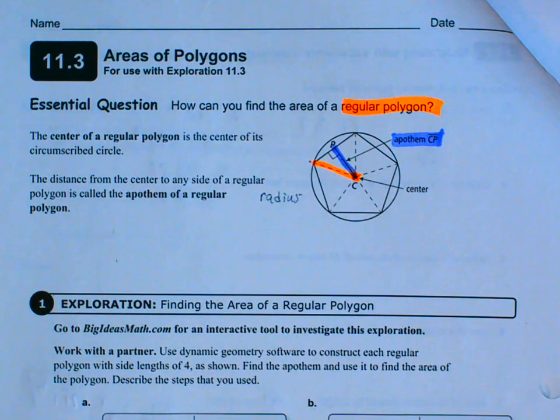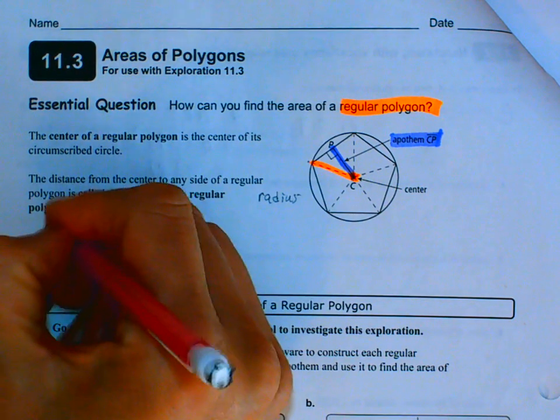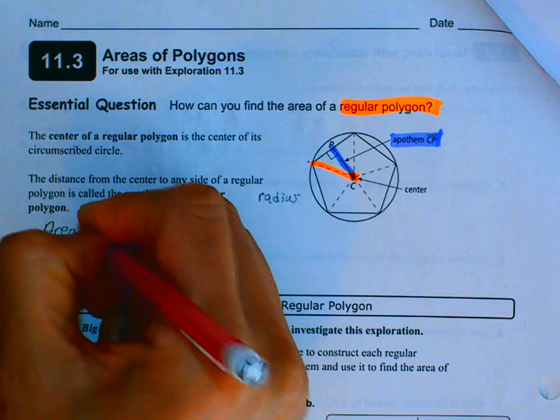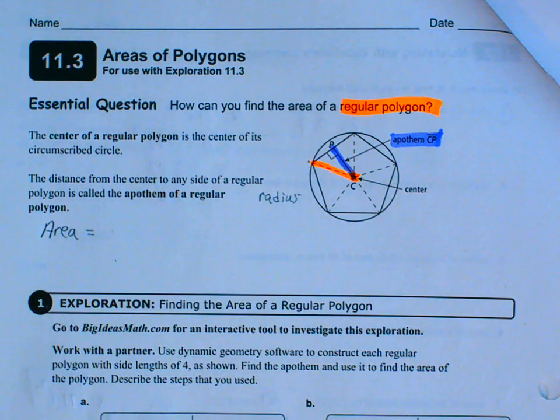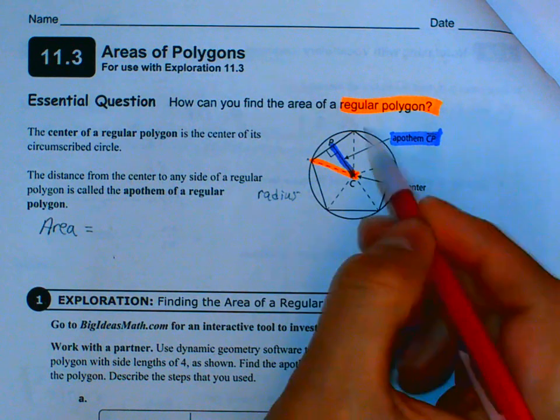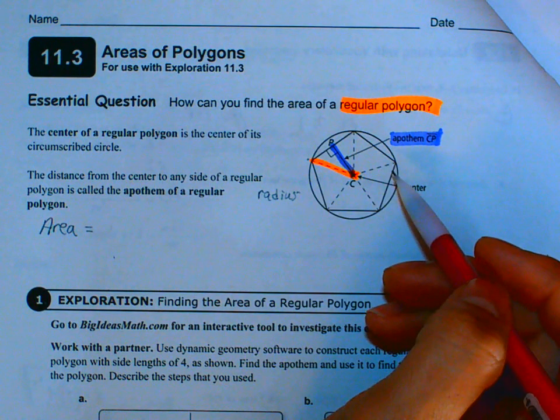Now our goal is to find the area of a regular polygon. So we're going to break this up into triangles. If you look at this polygon, for example, this is a pentagon.